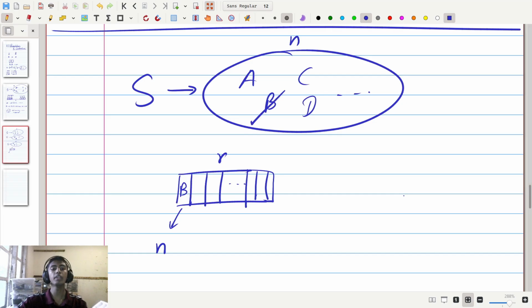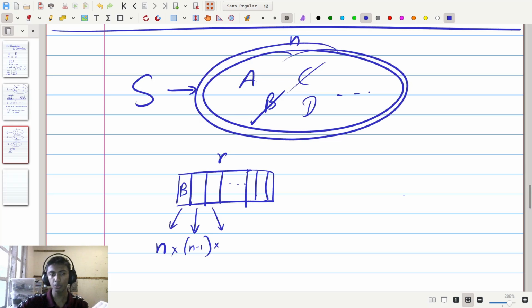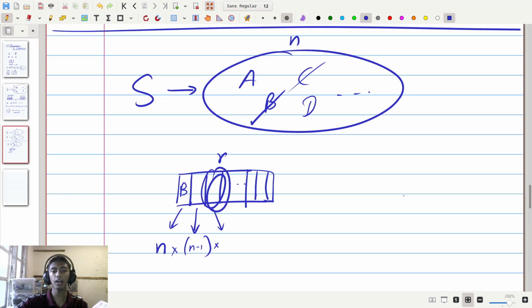Now, for the next element in our ordering, we have only n minus 1 choices, since one of the choices is gone. So then, for this thing, we have n minus 1 choices. For the next one, we will have taken 2 of them out, in which case we will have n minus 2 total choices. So for the third option here, we will have n minus 2 total choices.